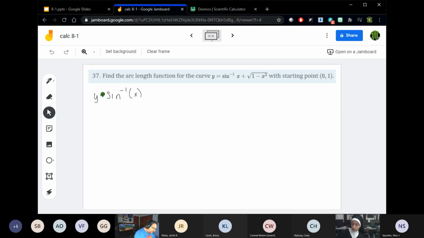So y is that. So y prime is 1 over the square root of 1 minus x squared. That's the derivative of it, in case you didn't remember it. So this way you don't have to go look it up.